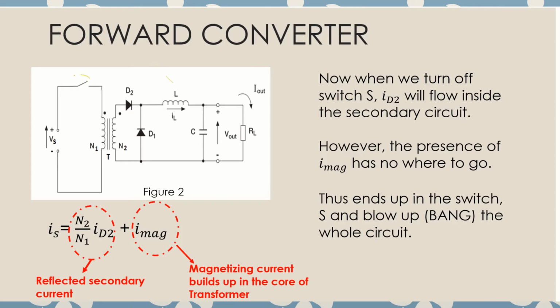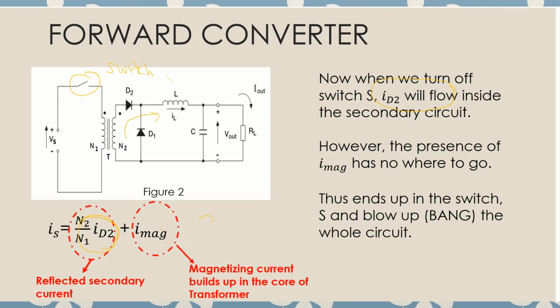So now let's turn off the switch. When the switch is turned off, ID2 will flow based on the formula we have here. ID2 will flow inside the secondary circuit. Good.